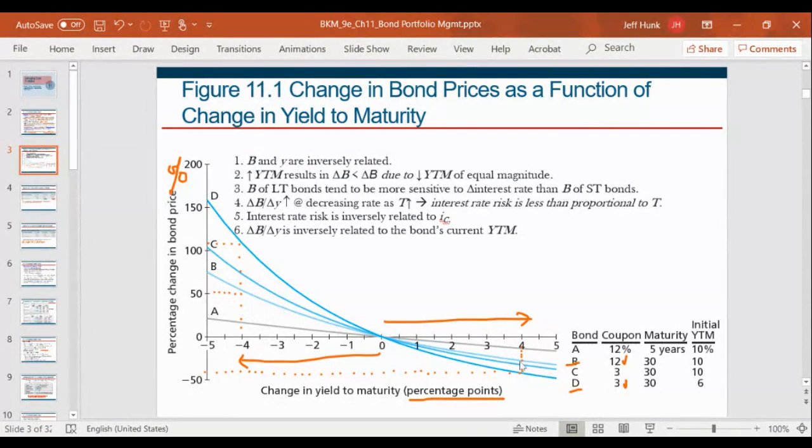This is B, right? And you can tell, I mean, I don't have to draw it with dots all the way there, but you can tell it's about 25% at best, right? 25.